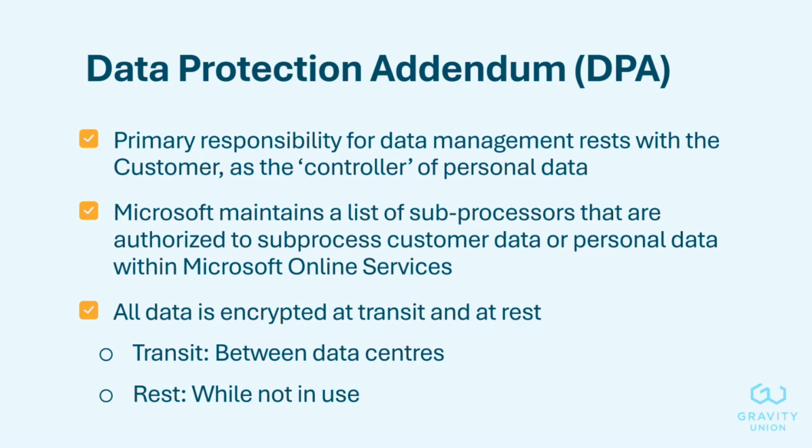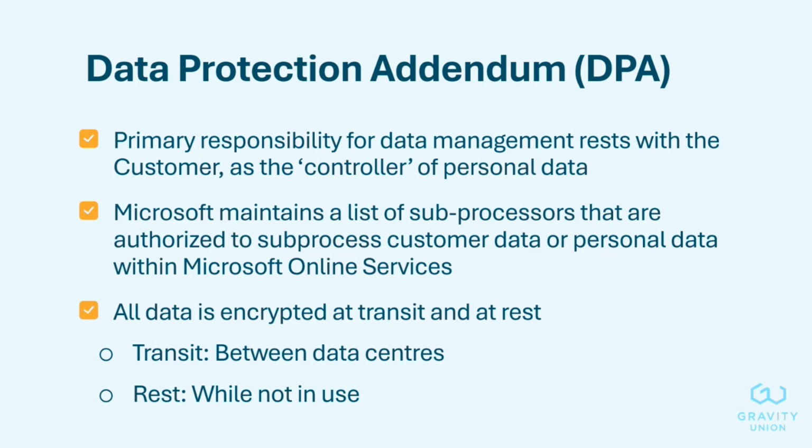So it is a way of highlighting the roles and responsibilities that those sub-processors take on behalf of Microsoft. This is an area that you should be aware of, as there is some potential risk of that data sharing.